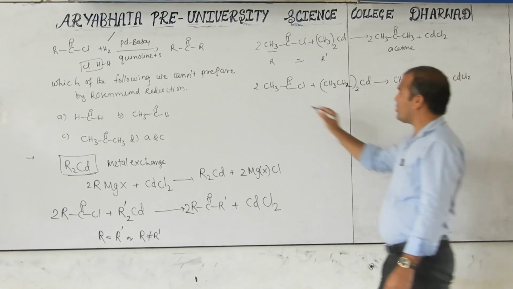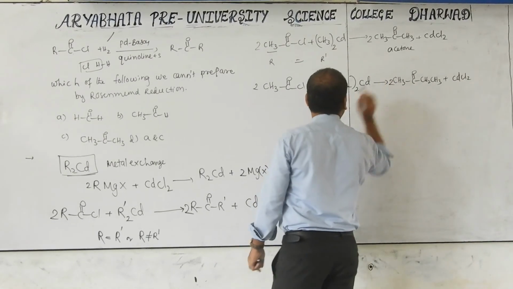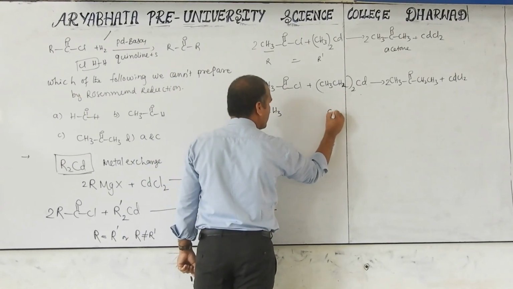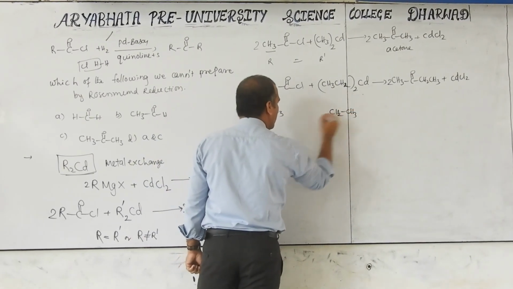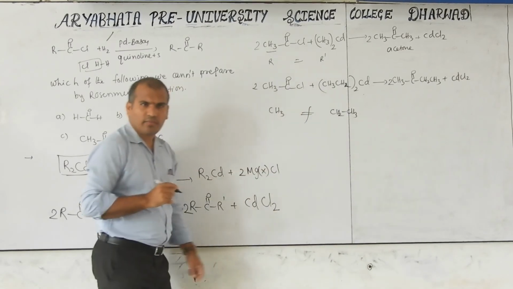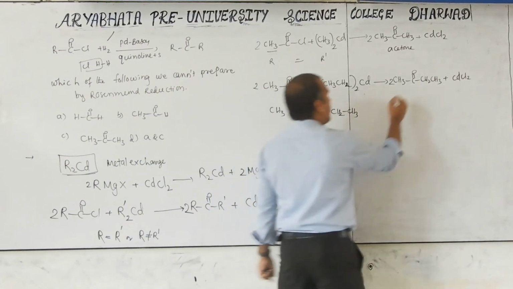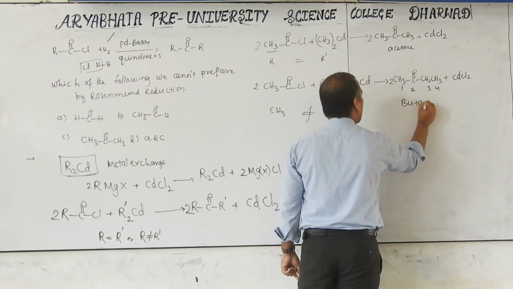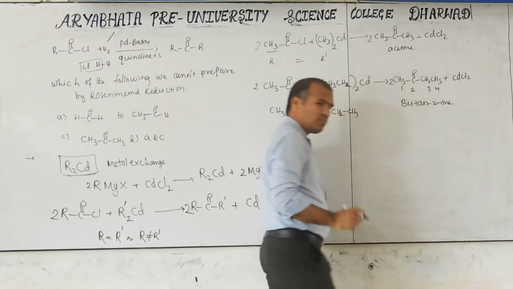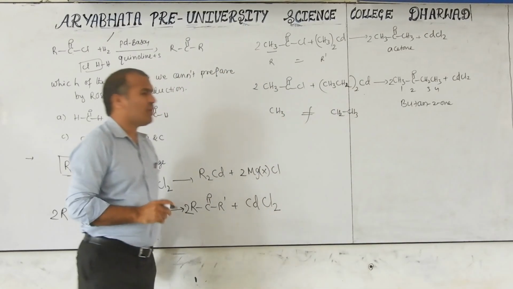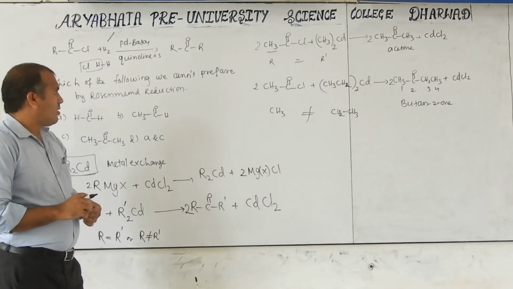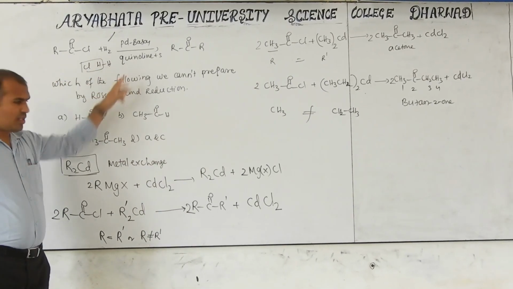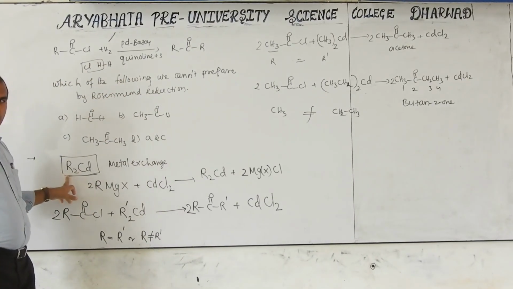Now observe, this is 2 moles, this is also 2 moles. Their R group is CH3, R dash group is CH2CH3. Both are not the same, different. This is called butan-2-one. So like this we can prepare the ketone. When it is not possible to prepare the ketone by the Rosenmund reaction, then we are using dialkyl cadmium.